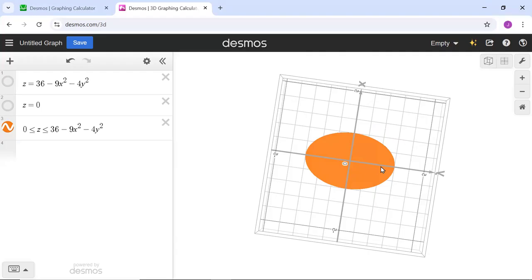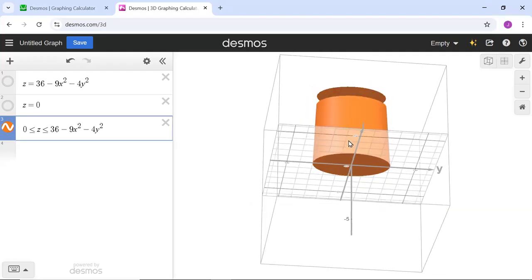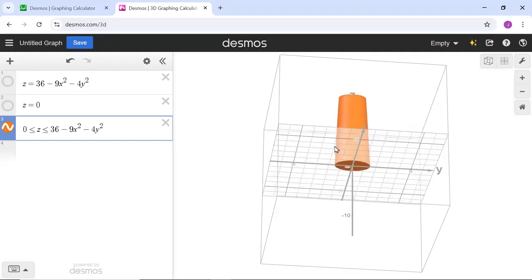Okay, so the portion of the z equals 0 that's inside this ellipse and the paraboloid section. So we're going to find parameterizations for those two surfaces.